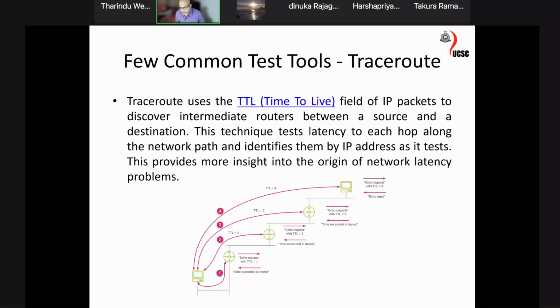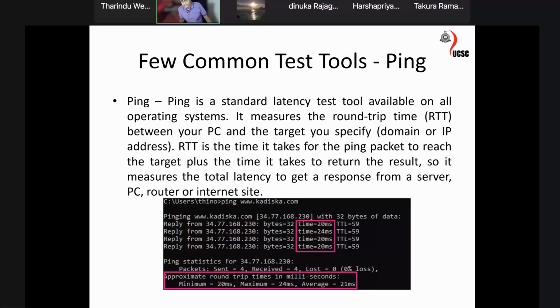Okay, we discussed this as one of the troubleshooting approaches as well. Traceroute is another application. The ping is quite useful to measure the latency and reachability to a remote host. But it has its own disadvantages.